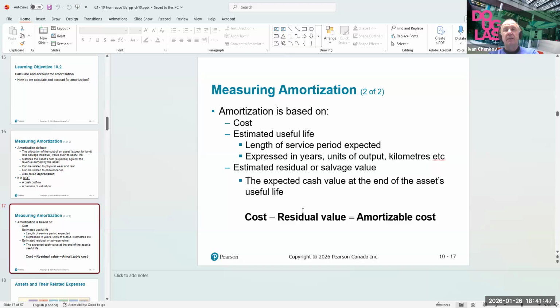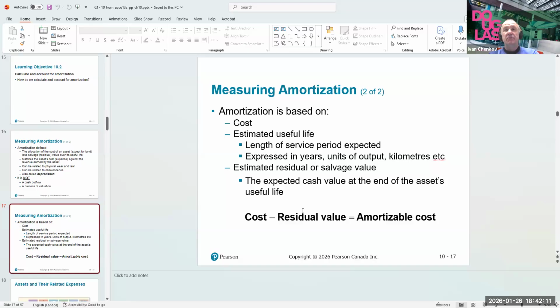First, we're going to get the cost, meaning purchase price plus legal fees plus all the other elements if we're having a building. If we're having equipment, we have to get the purchase price plus insurance plus shipping plus everything.